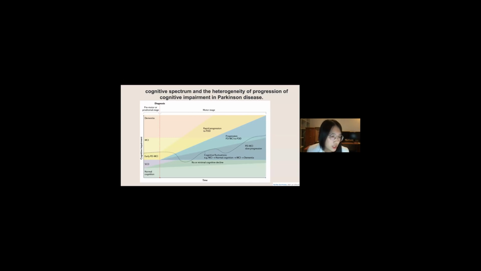Cognitive fluctuation may also occur, in which, for example, some patients with PD-MCI may revert to normal cognition and then develop cognitive impairment later in disease course, typically accompanied by motor progression and the occurrence of other non-motor symptoms.